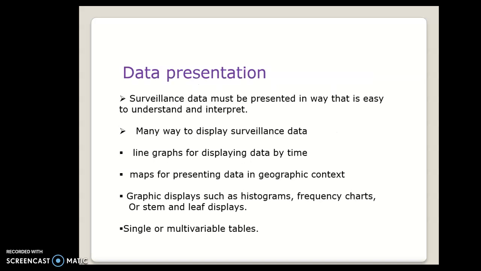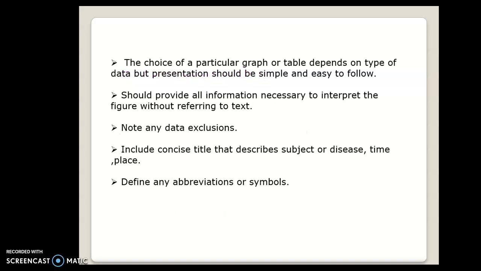Data presentation: surveillance data must be presented in a way that is easy to understand and interpret. Many ways to display the surveillance data include line graphs, maps for presenting data in geographic context, and graphical displays such as histograms, frequency charts, stem and leaf displays, and single or multivariable tables.